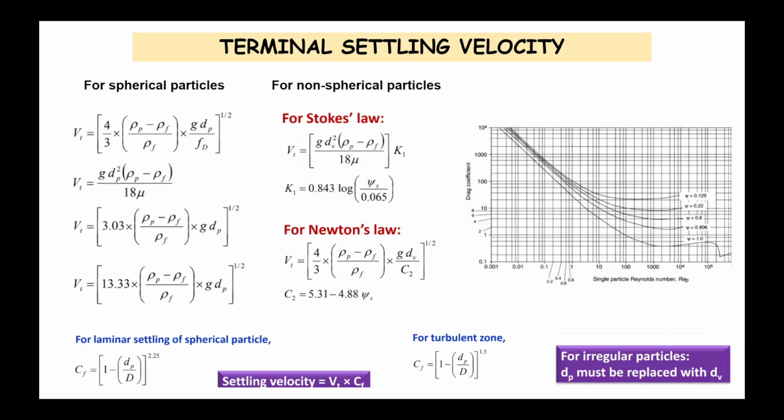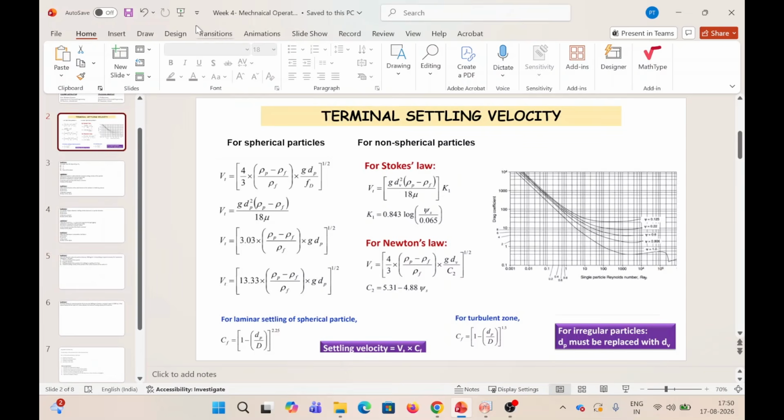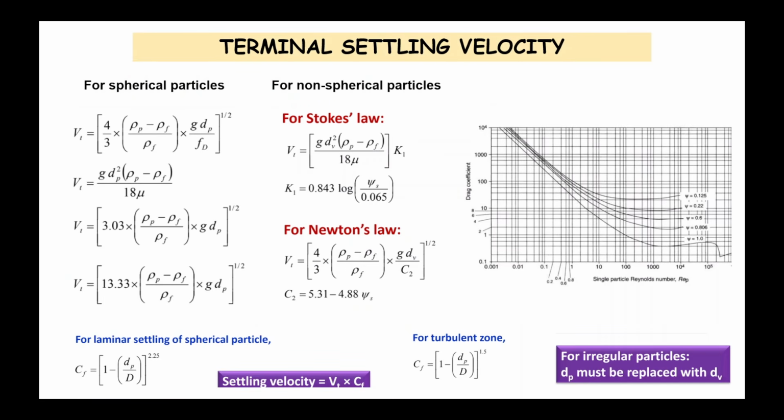So Vt is nothing but, in the region where Fd is equal to 24 by Re, or you can say if the Reynolds number is between 10 power minus 4 to 0.1, then for non-spherical particles, the terminal velocity equation will have an extra factor k1, which is nothing but 0.843 log phi s by 0.065.